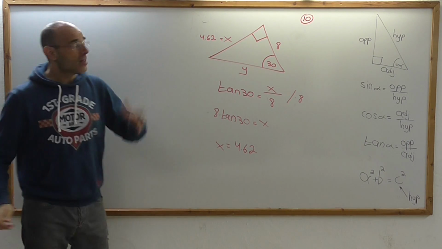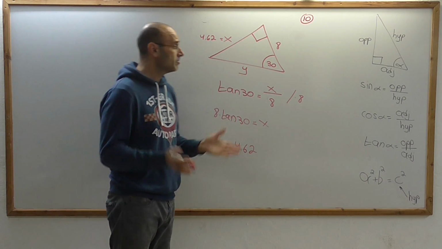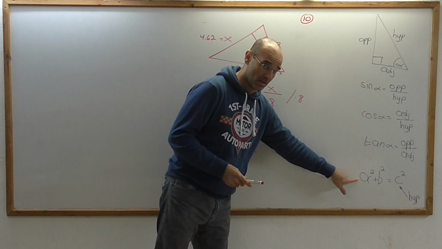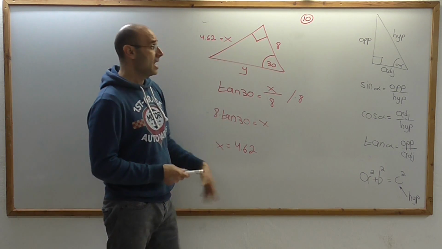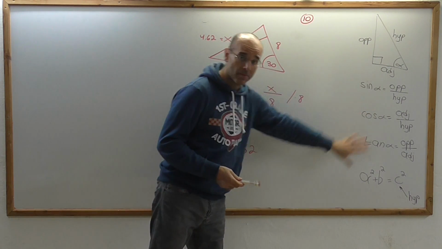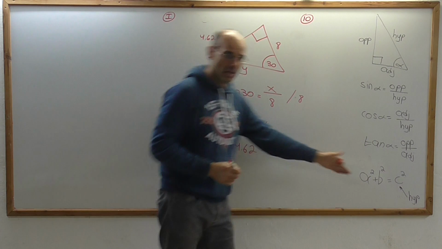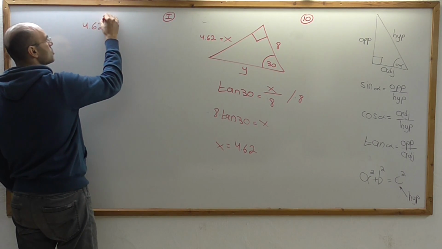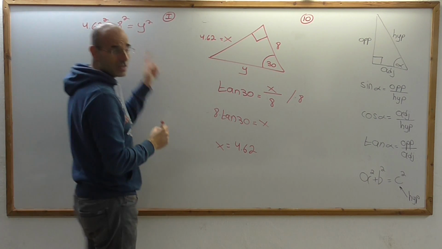Now I want the y. The y I can do in many ways. Not so many, but many ways. I can use the Pythagorean theorem, because I have two sides. I can use one of these maybe. Let's do it two ways. First way, let's use the Pythagorean theorem. So, 4.62 squared plus 8 squared equals y squared.